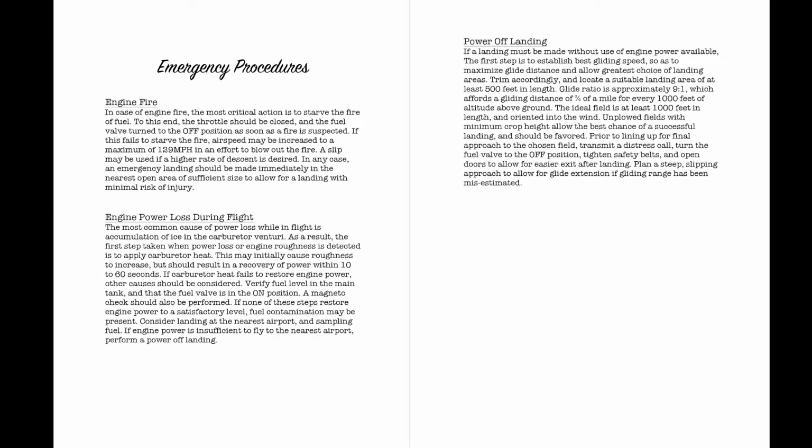Next we have Section 3, which in the standard format is emergency procedures. So this will have all of our emergency checklists and emergency procedures, and we'll go through how to deal with situations such as an engine failure, an engine fire, an engine-out landing.